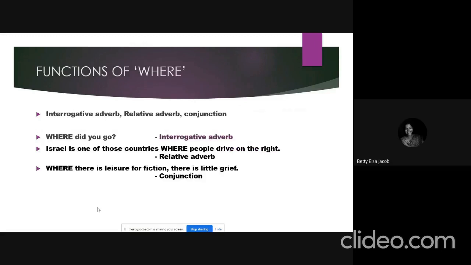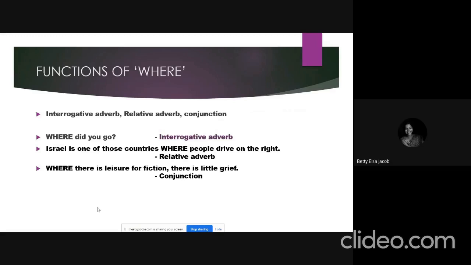Moving on to the functions of where. Now remember, what and which are interrogative, they can be interrogative pronouns or interrogative adjectives. But where can never be an interrogative pronoun or adjective, but where will always be an interrogative adverb. Okay, it does the function of an adverb.